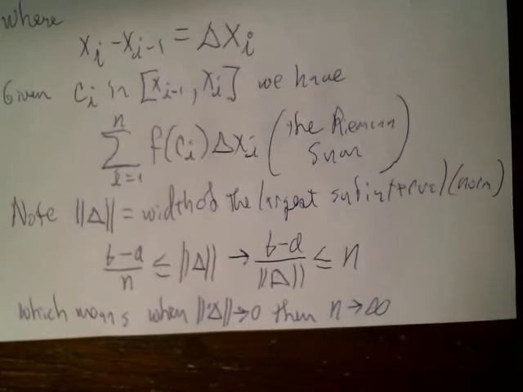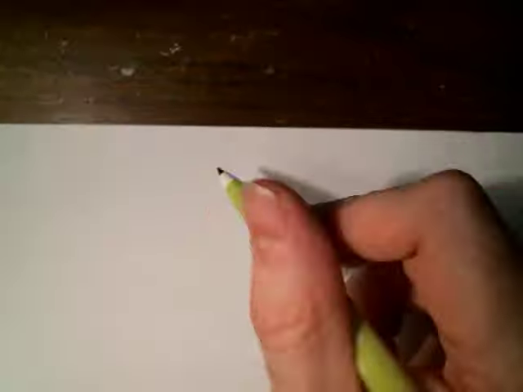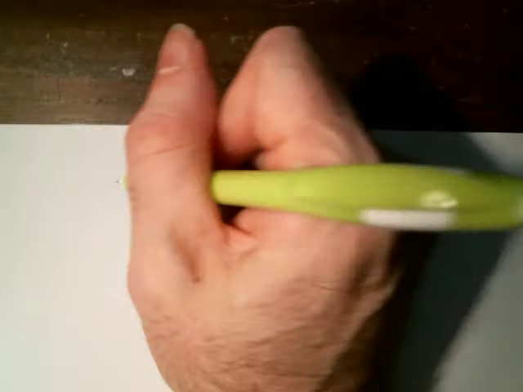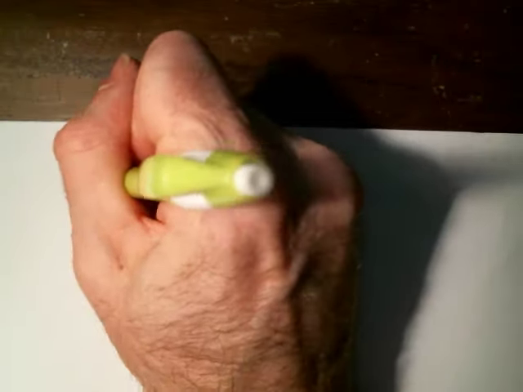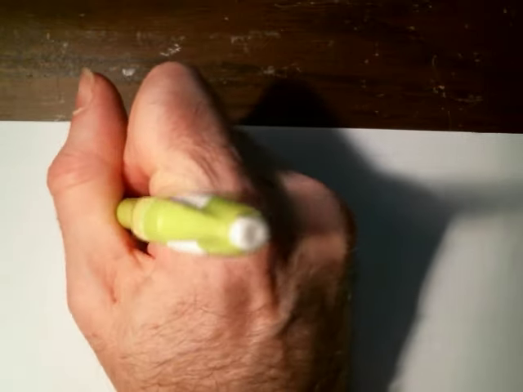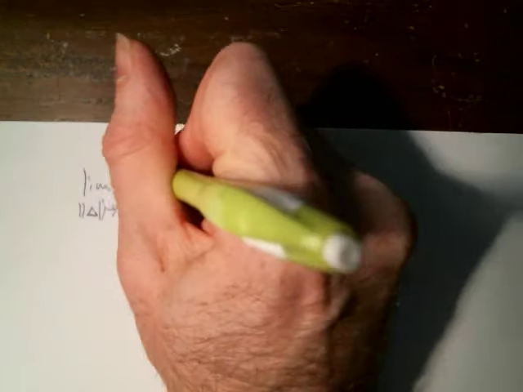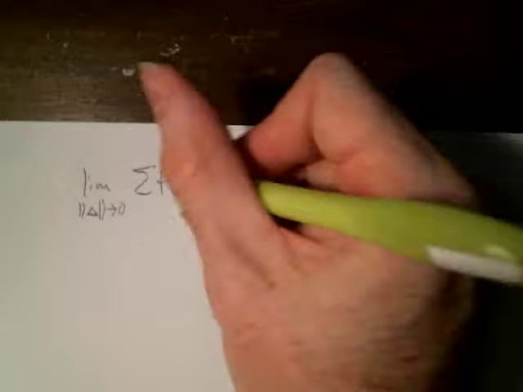So in the book, the notation for the limits of these sums is we're going to use that norm in the definitions. So you'll see it like this: the limit as the norm goes to 0 of the Riemann sum.